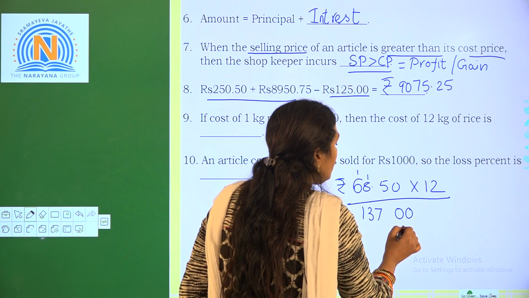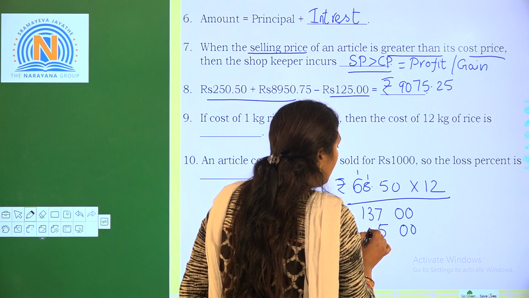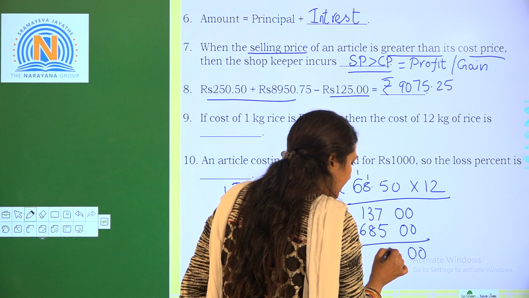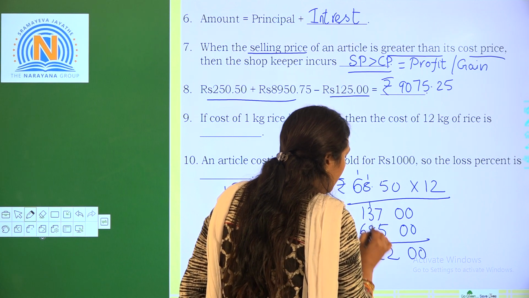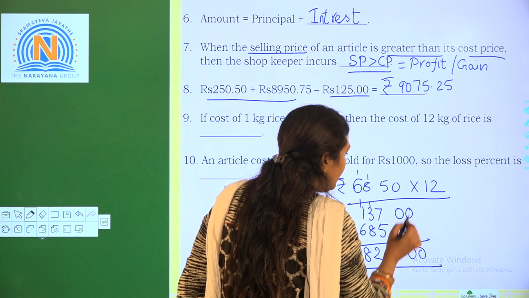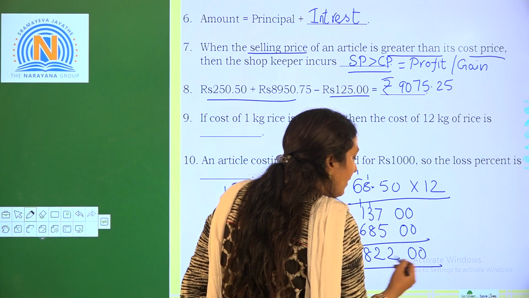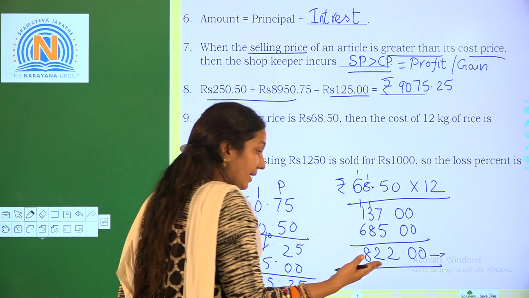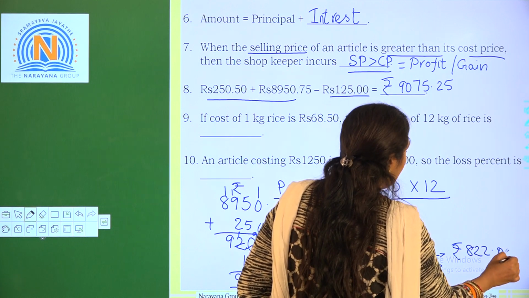Now adding, 7 plus 5 is 12, 1 plus 3 is 4, 4 plus 8 is 12, 1 plus 1 plus 6 is 8. In the paise column we have to convert into rupees. It will be 822 rupees 0 paise.